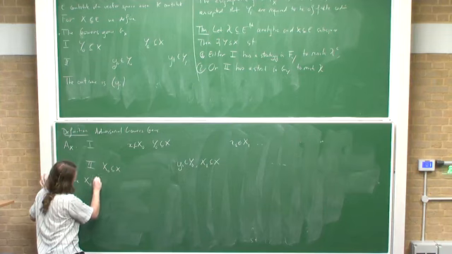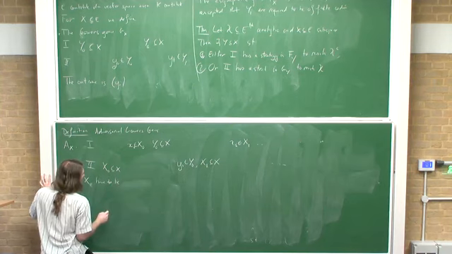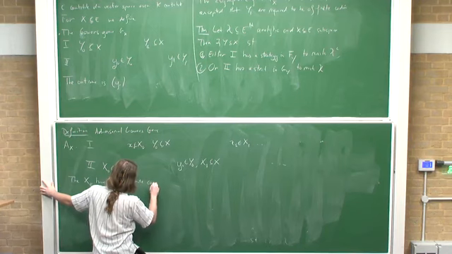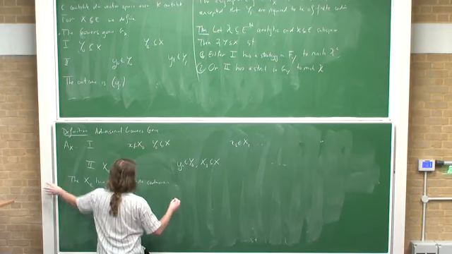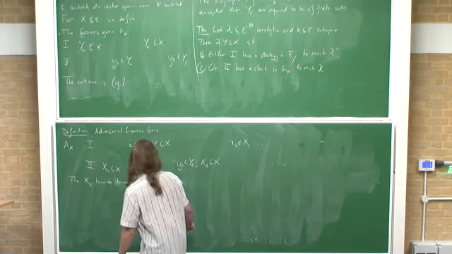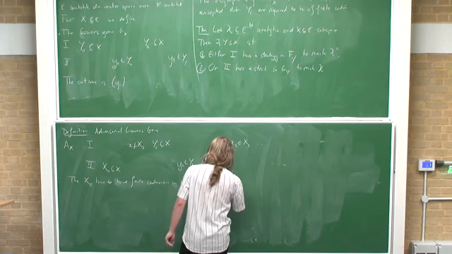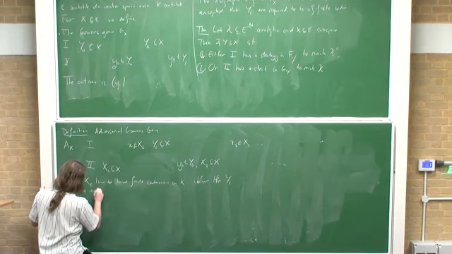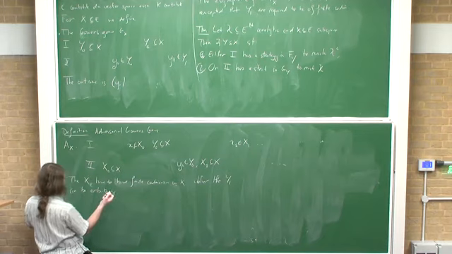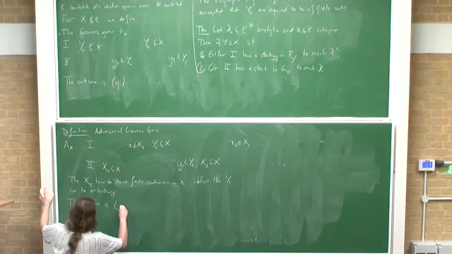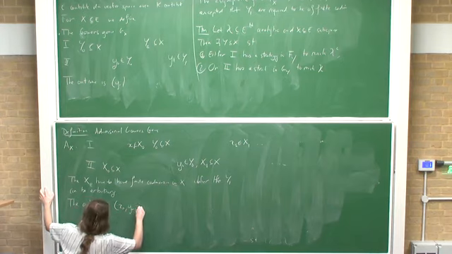The X_i have to have finite codimension in X, whereas the Y_i can be arbitrary, and then the outcome is the sequence x_0, y_0, x_1, y_1, etc.